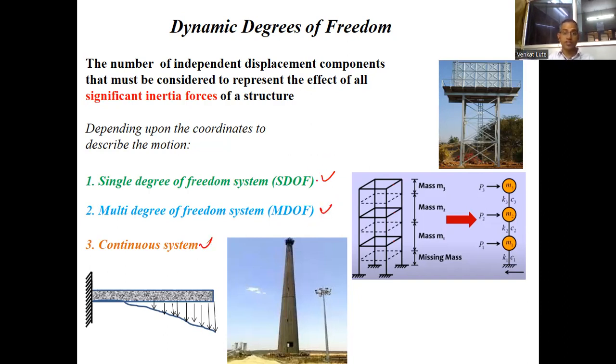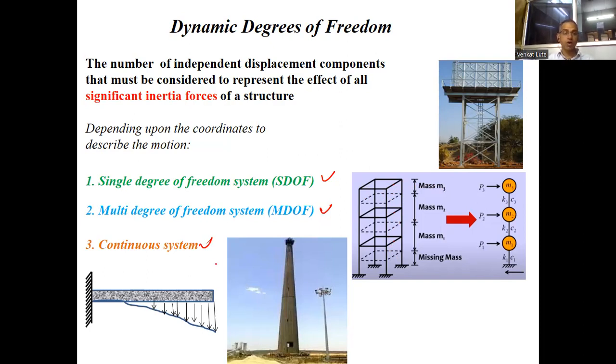A single degree of freedom system can be, like, a single story building or a water tank. A multi-degree of freedom system can be a multi-story building, 3-story or 4-story. Each story can be taken as 1 degree of freedom, like a lumped mass at the story level. But most of the time we may not have a lumped mass at a story level to represent the degree of freedom.